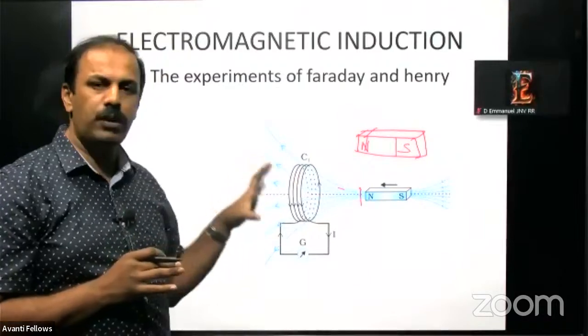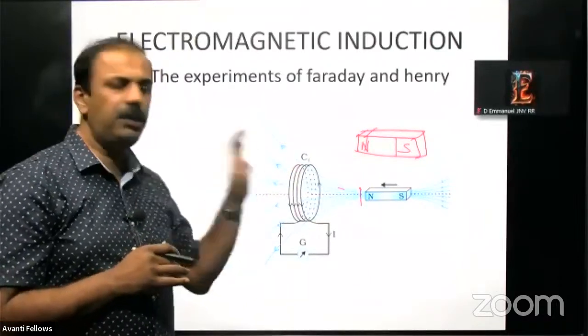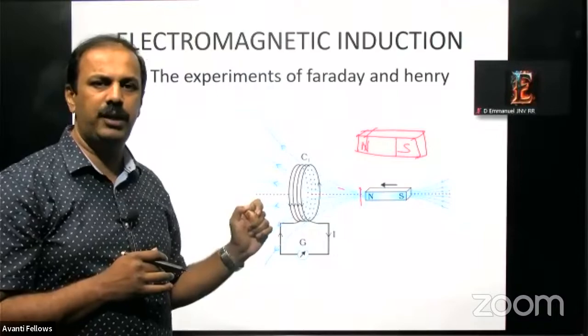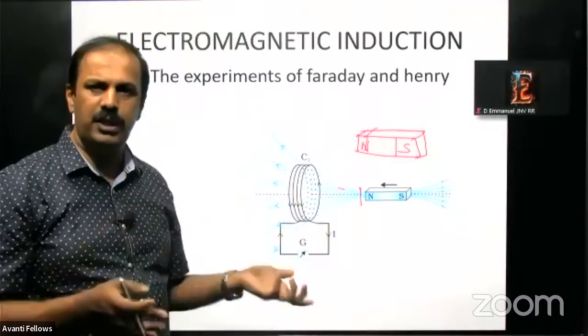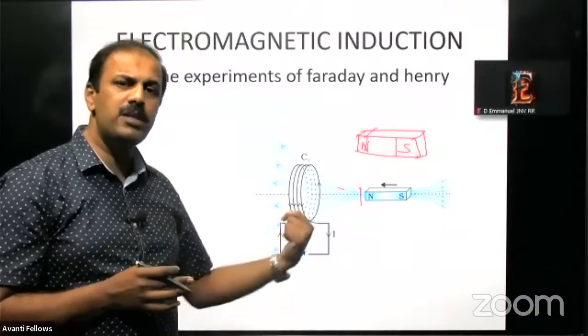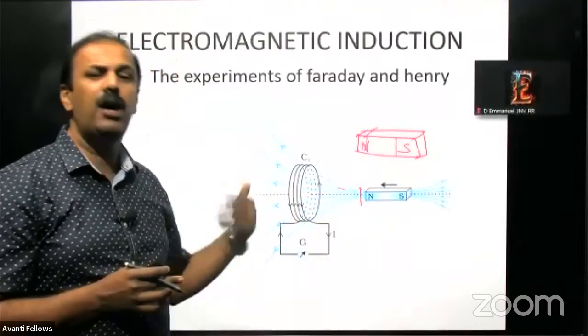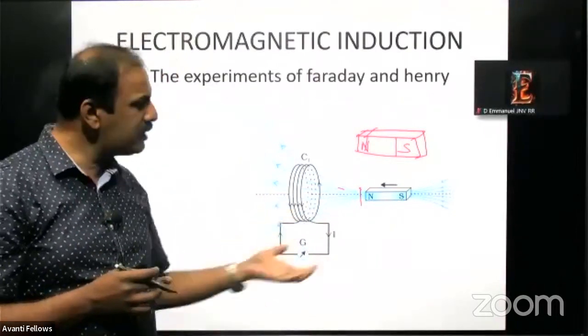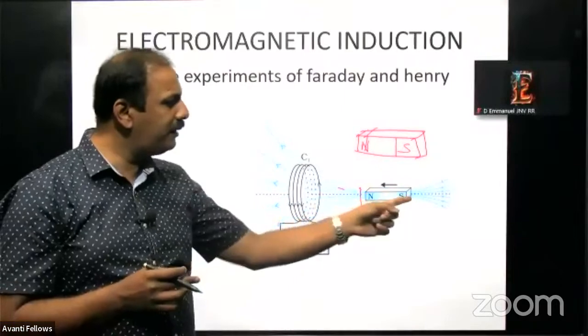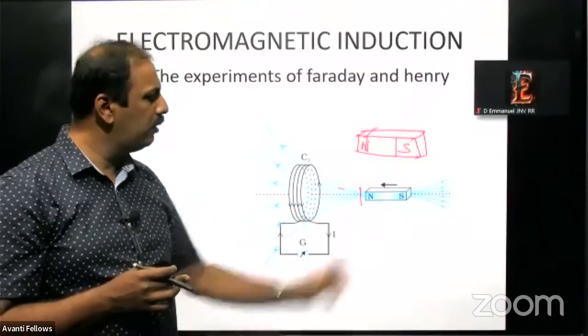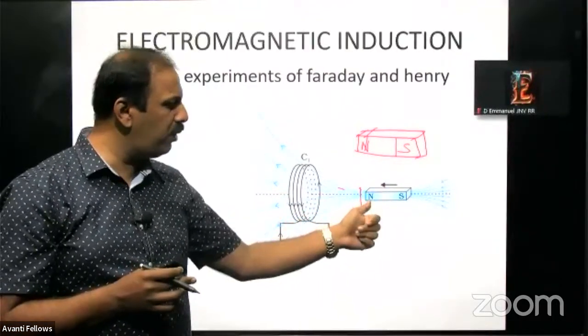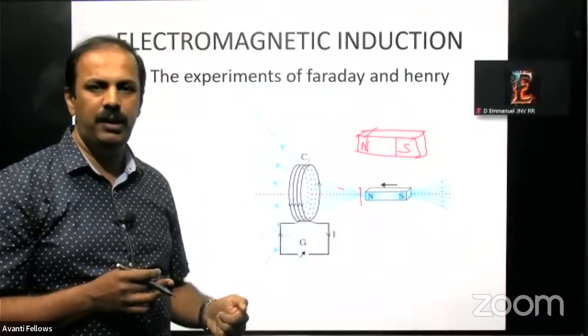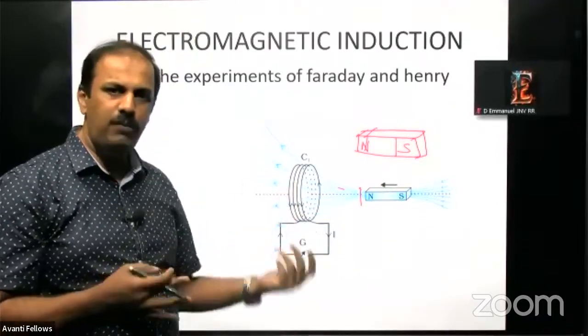So here the most important point is, if you simply keep it in a magnetic field, it will not show any deflection. When the magnetic field increases, it shows a deflection. When the magnetic field reduces, it shows a deflection, but that is in the opposite direction. Now the same thing we can do with the other side of the magnet. If you invert this, that is, instead of north here, if south comes here, the same phenomenon will happen.